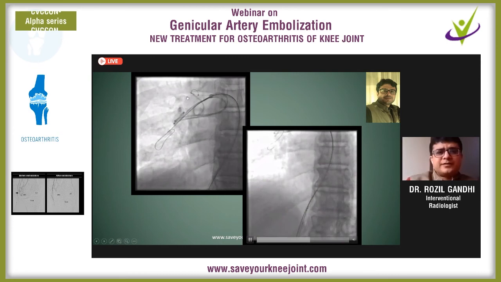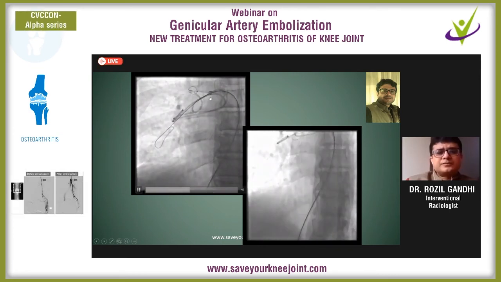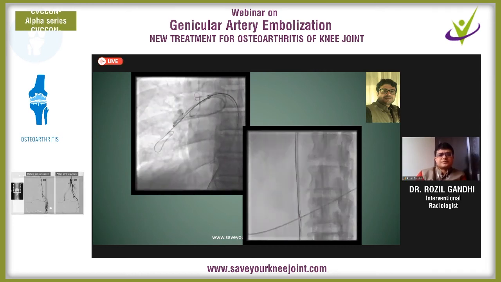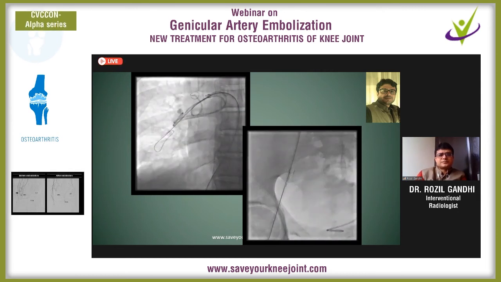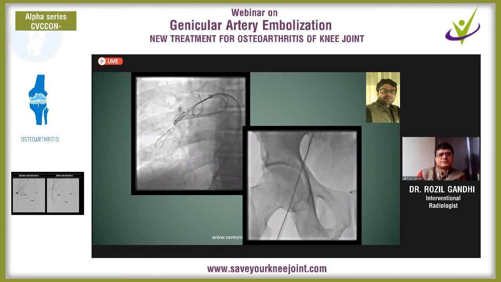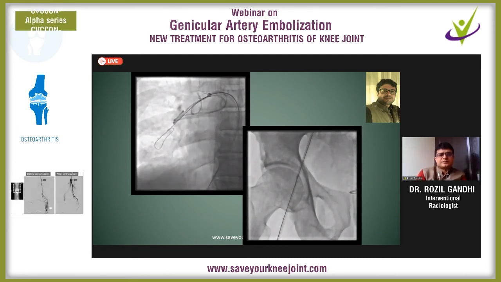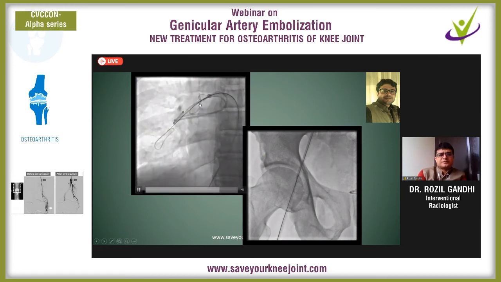This is the snare that is trying to grasp. And now it has grasped and it is taken inside the sheath.